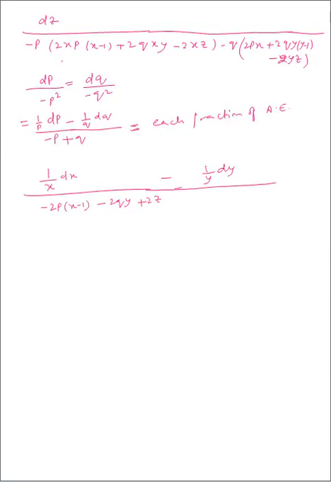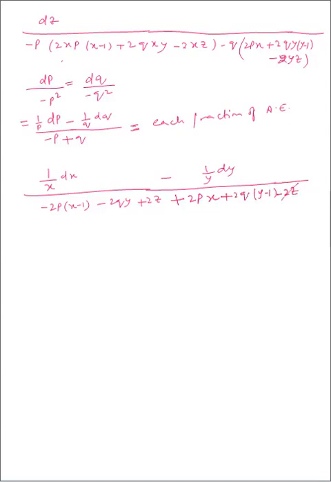and in dy denominator is minus 2px, because minus, so it will become plus. Minus we have taken, so this will be plus 2px because minus we have taken, and next is minus is again plus 2qy minus 1 and minus 2z.